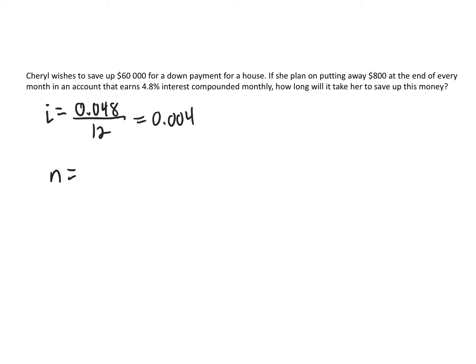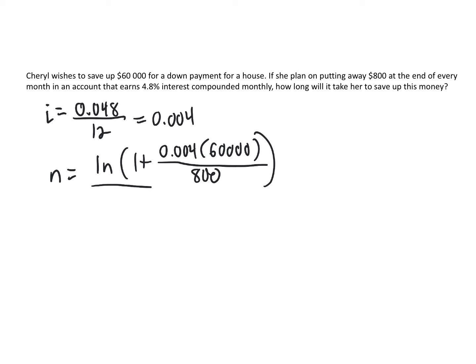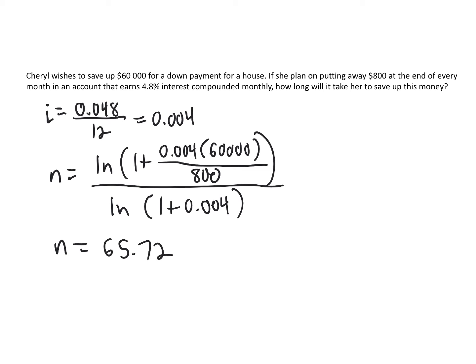Here we're trying to get $60,000 for future value. We have ln 1 plus and then when we calculate this out, we get N equals 65.72.